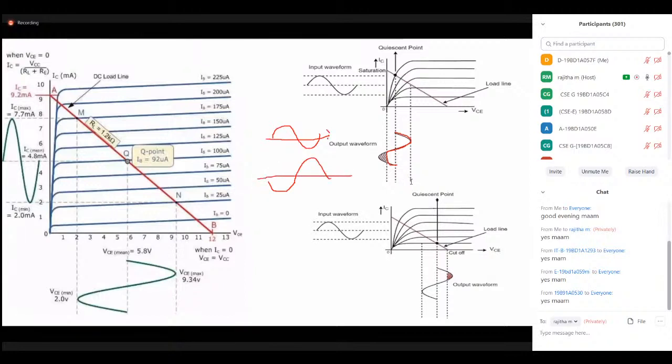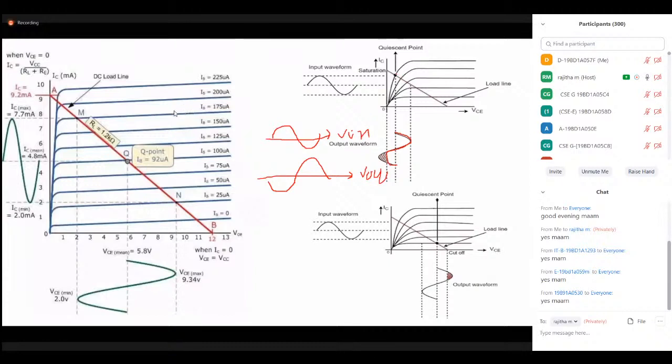So this is your input, whereas this is your output at the amplifier. The positive cycle is clipped here, while the negative cycle doesn't have any clipping. Hence some part of the signal is lost in the output of your transistor, if I'm using it as an amplifier and the operating point is near the saturation.